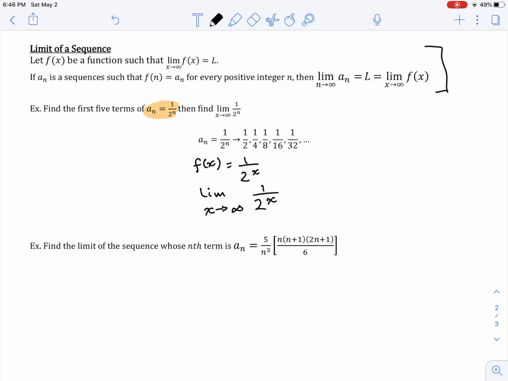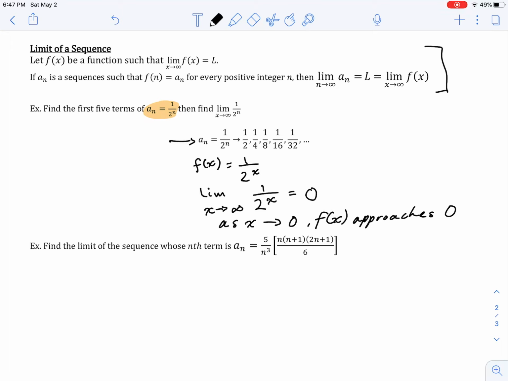And we know from the limits at infinity theorem that any constant divided by a value going to infinity is going to be equal to 0. So what we see here is that as x approaches infinity, f of x approaches 0. There's our L value.